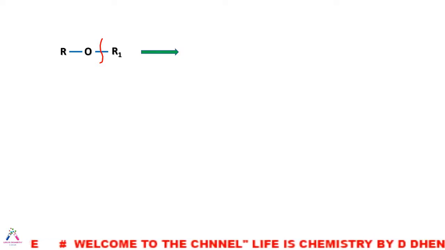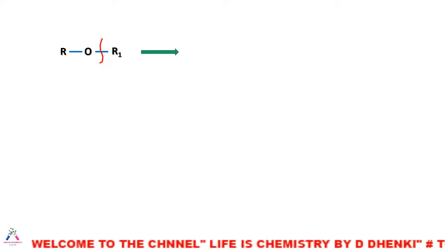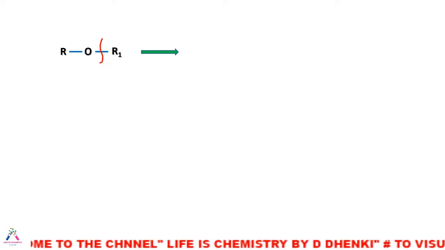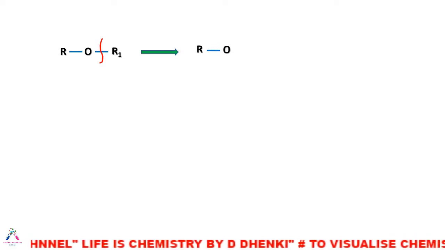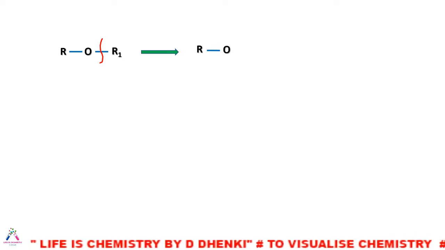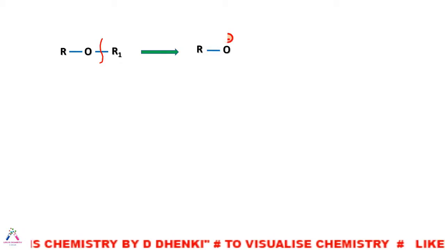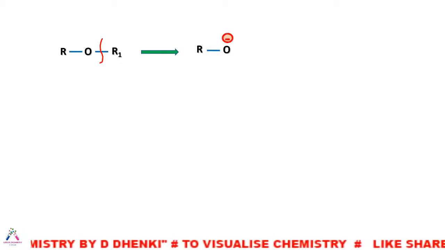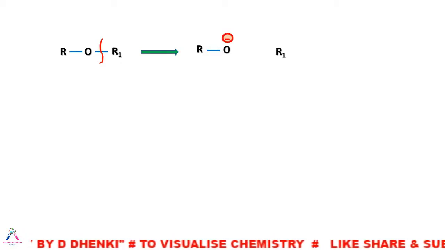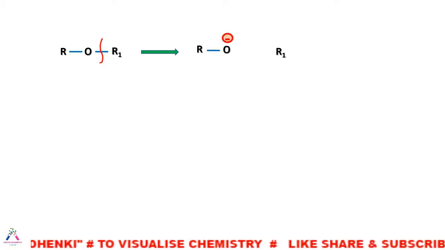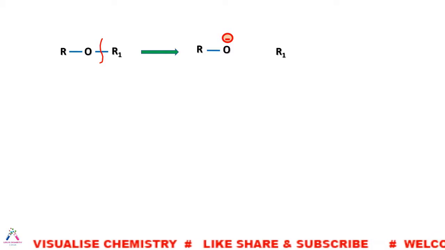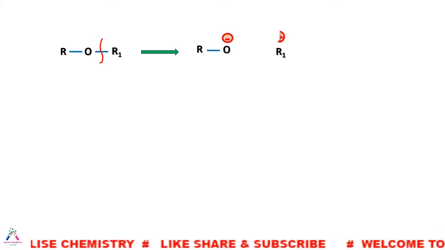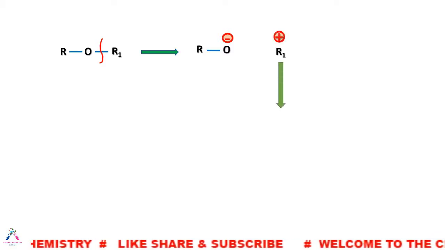As we know that oxygen is highly electronegative and it will want to acquire the negative charge, so basically the RO component will possess the negative charge, and the other component after cutting, R1, will be the opposite to the first one, so it will be positively charged. So the R1 component will possess the positive charge.